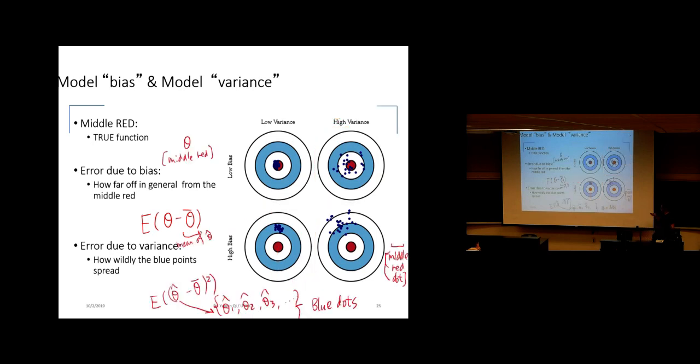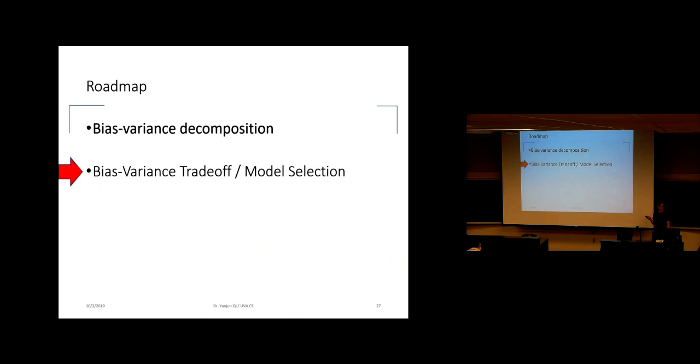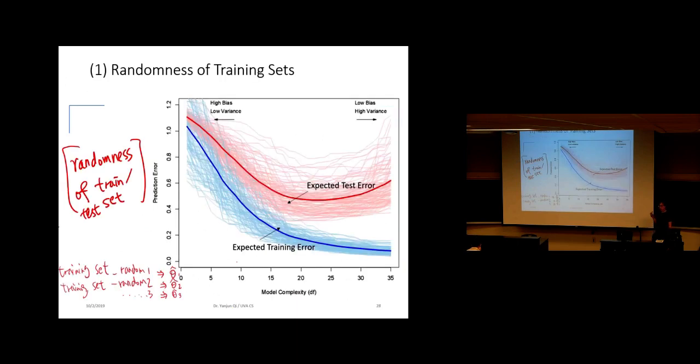All right, so I have more detail. The middle red is the truth, and the blue points come from varying the training data. When you plot those into a curve, you normally draw the model complexity, right? In fact, you're going to have many curves, not just one, because there's a lot of randomness in your training data.